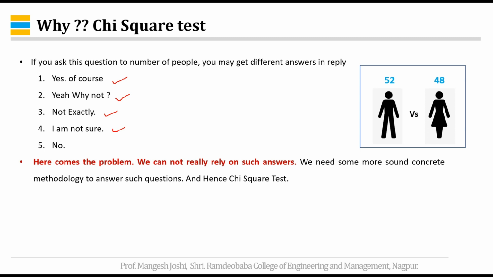Or some may say since it is not 50-50, the claim is incorrect. So here comes the problem. We cannot really rely on such answers. We need a more sound, concrete methodology to answer such questions, and hence the chi-square test is used.